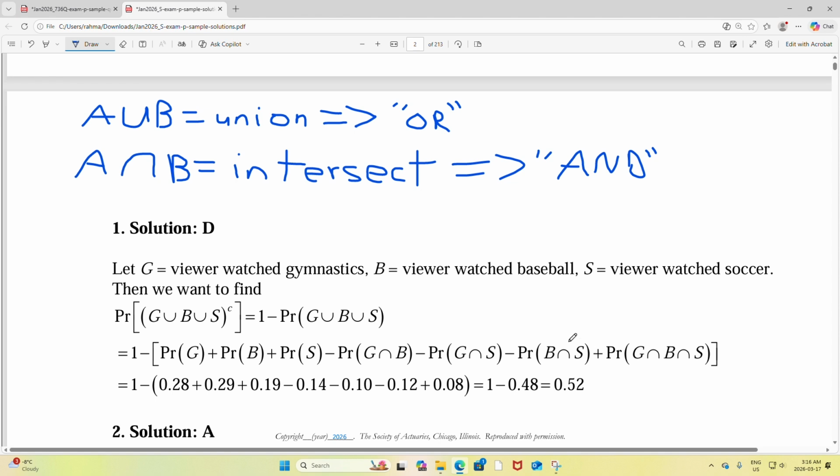So if you want to derive this, I'll just show you the two event case.